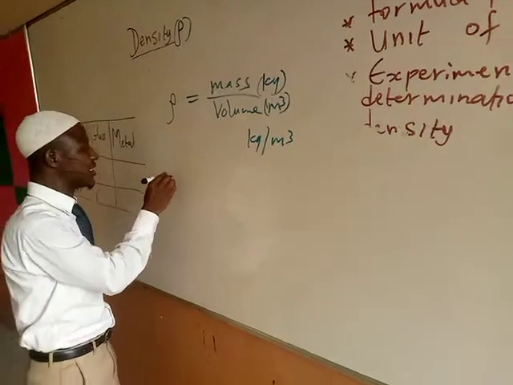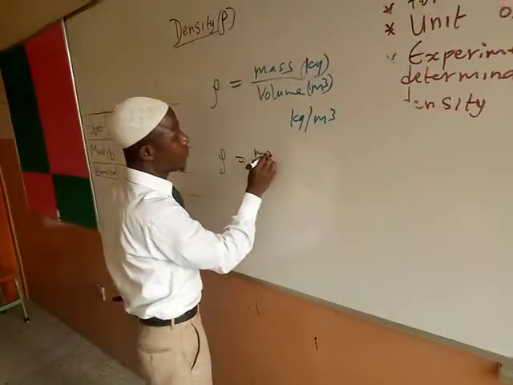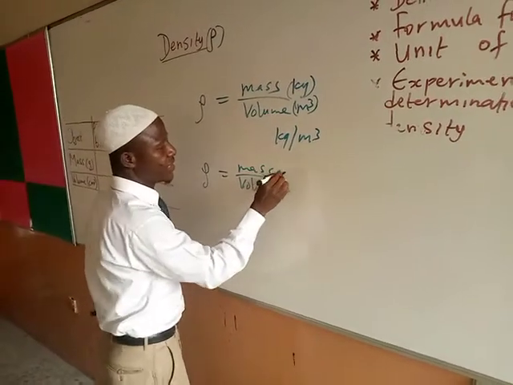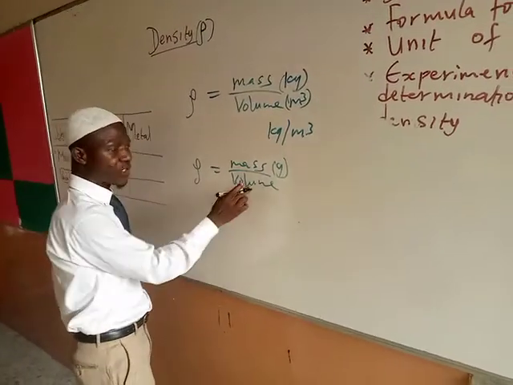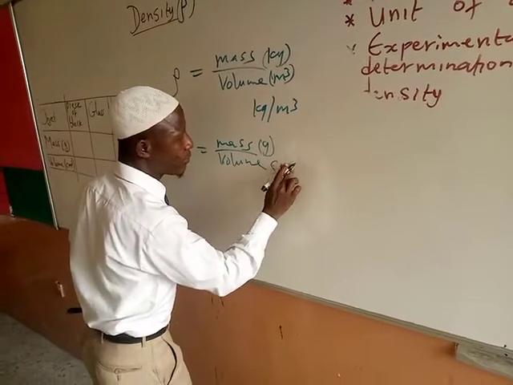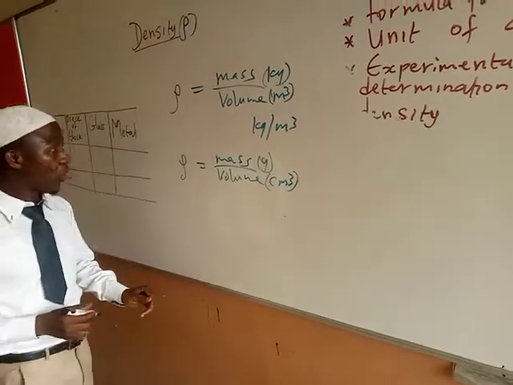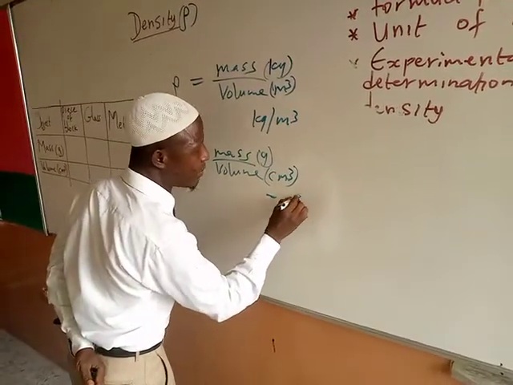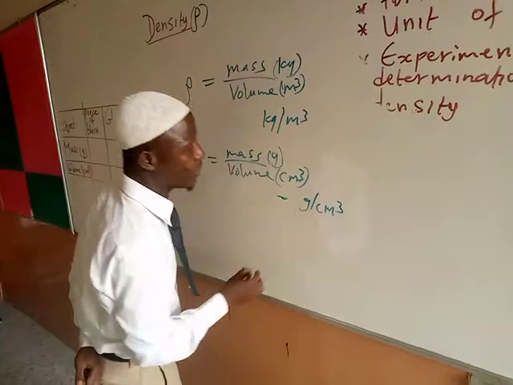In that case, if mass is in gram, then the volume will be in centimeter cube. Therefore, the unit of density in this case will be gram per centimeter cube.